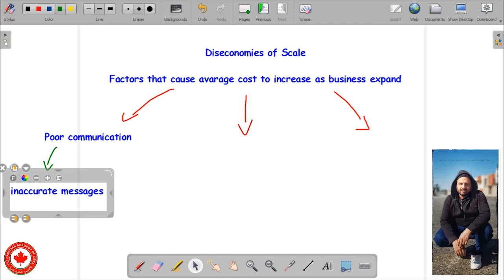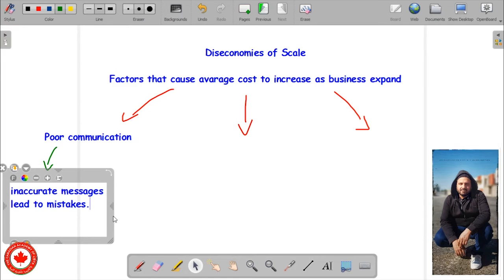These inaccurate messages will lead to mistakes, and these mistakes will affect production and will cost money, as you logically know.